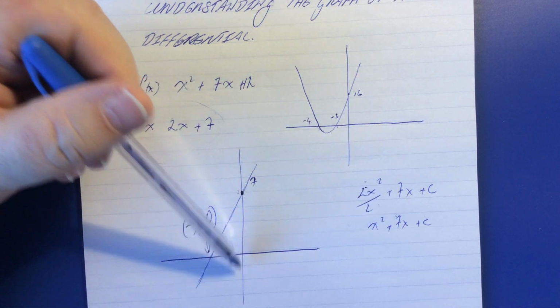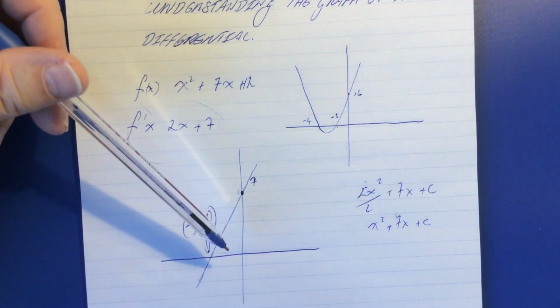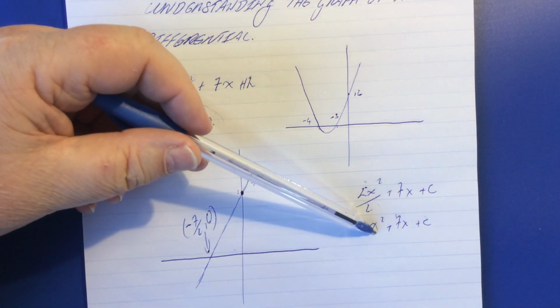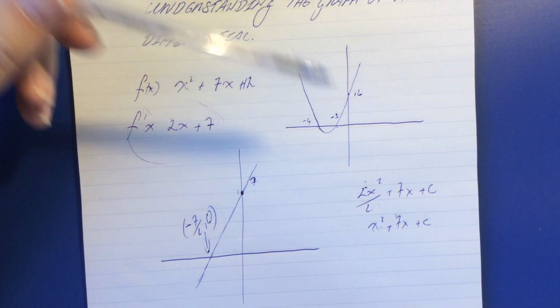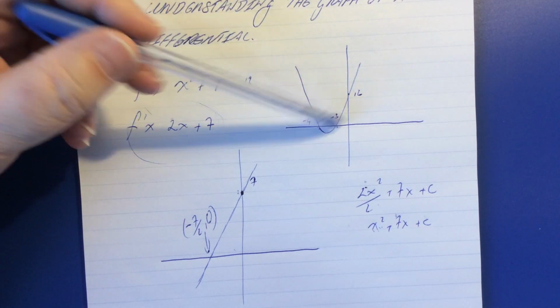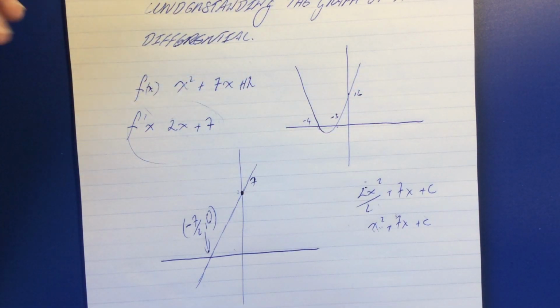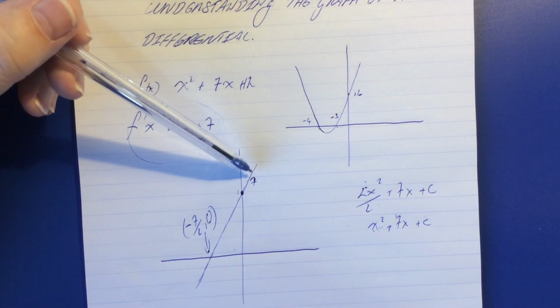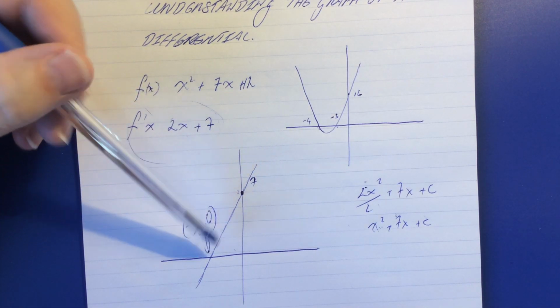So we can't discern from just looking at this or looking at its equation exactly what this is unless we know something more about this, such as points through which it passed or something like that. So what does this tell us? Well, as I said, it's a graph of the gradient.